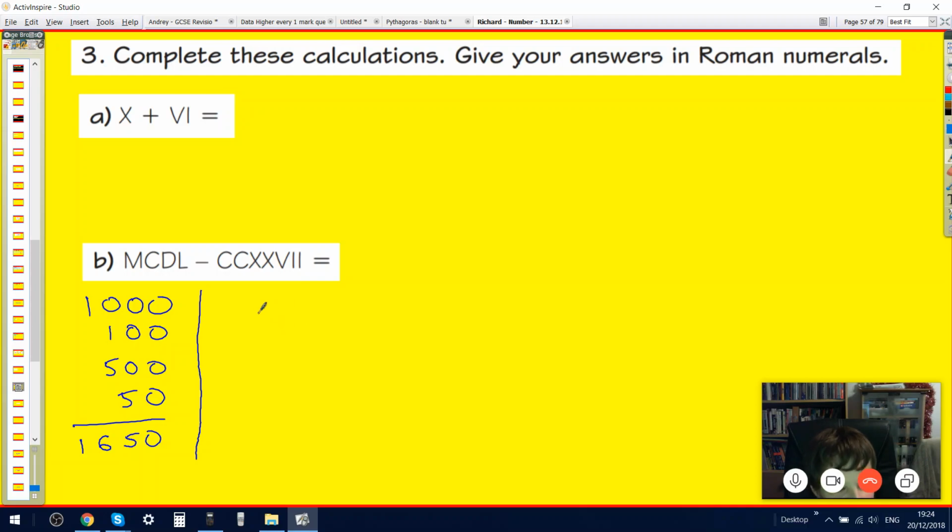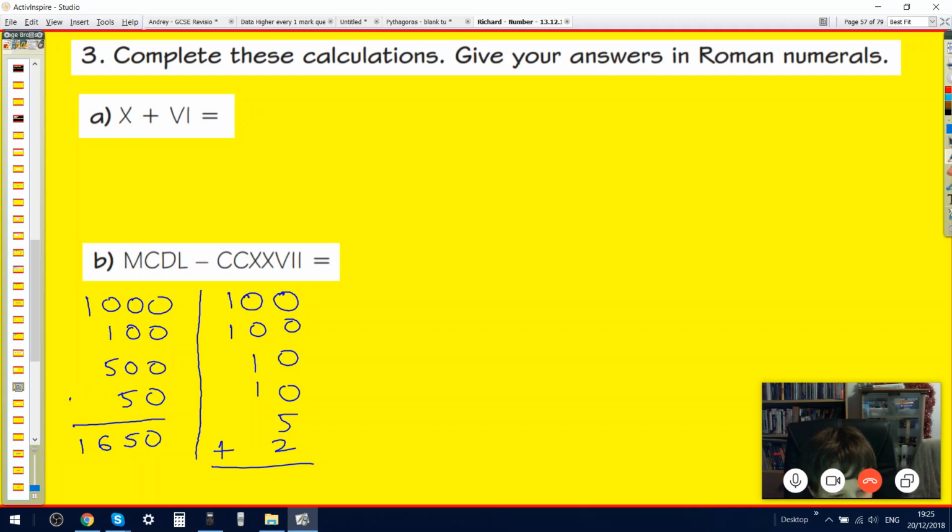And for the second number, it's CCXXVII. So C means 100. And then the two X's mean 10. And then V means 5. And then the I's mean 1.